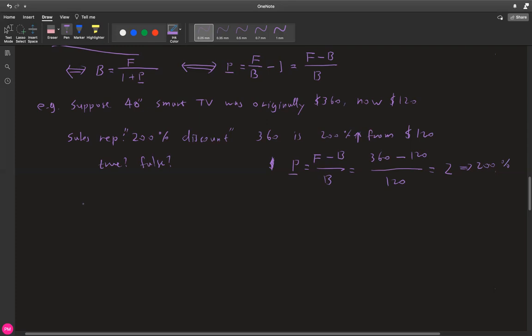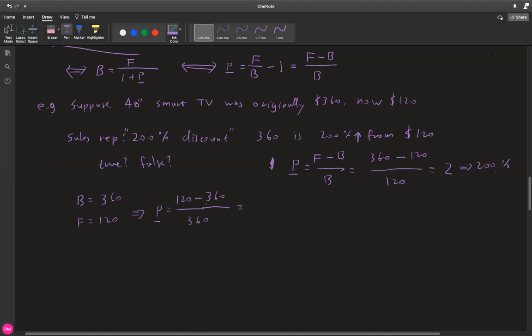So let's do the calculation. In this case, the baseline was 360 and the final value is $120. If you put that into this little equation, it's $120 minus $360, divided by 360.